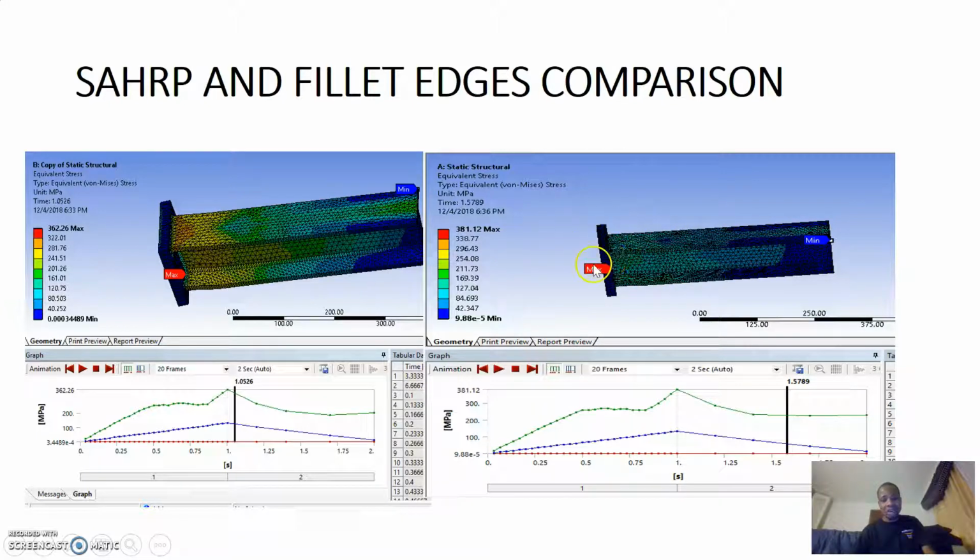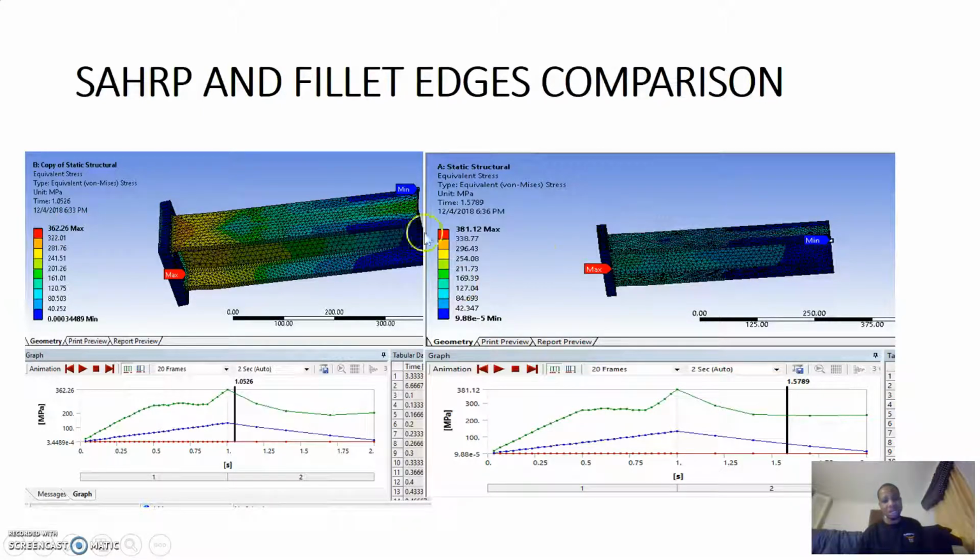Between the one that I did not cancel the sharp edges on and the one that I cancelled the sharp edges on, there are differences again. There are differences due to the cancellation of the sharp edges in the I-beam. One of the major differences is that the one that I cancelled the sharp edges on, which is this one, has lesser equivalent stress than the one that I did not cancel.